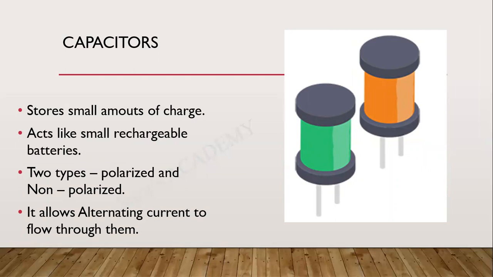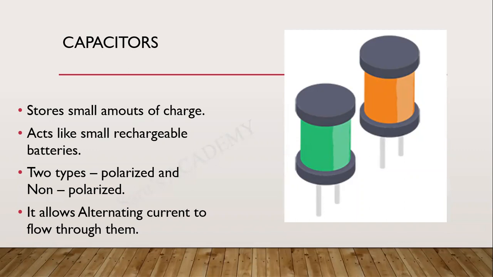The main thing in a capacitor is it allows only alternating current, meaning you will have fluctuations in the flow of current. That kind of current only it will allow to flow through it. It will not allow DC, direct current, to flow through it.